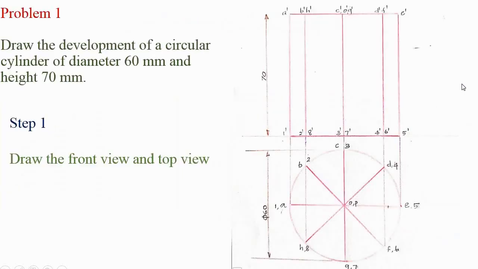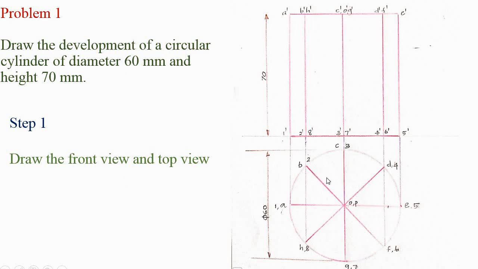Now how to draw? When a problem comes, what are the different steps in order to get the development of a solid cylinder? So let us discuss problem 1. Draw the development of a circular cylinder of diameter 60 mm and height 70 mm. So first step is you have to draw the orthographic view.